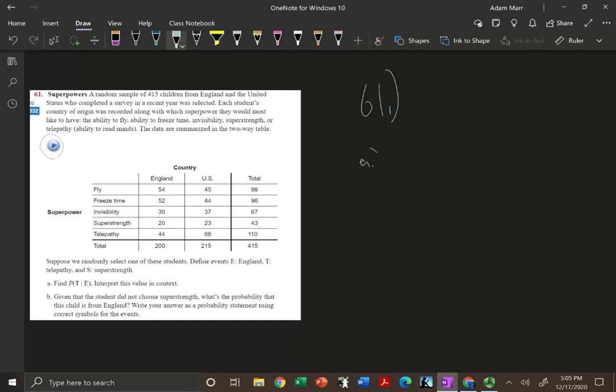All right, so for part A, suppose we select one of these students. Define events E as England, T as telepathy, and S as super strength. Find T given E. Interpret this value in context.